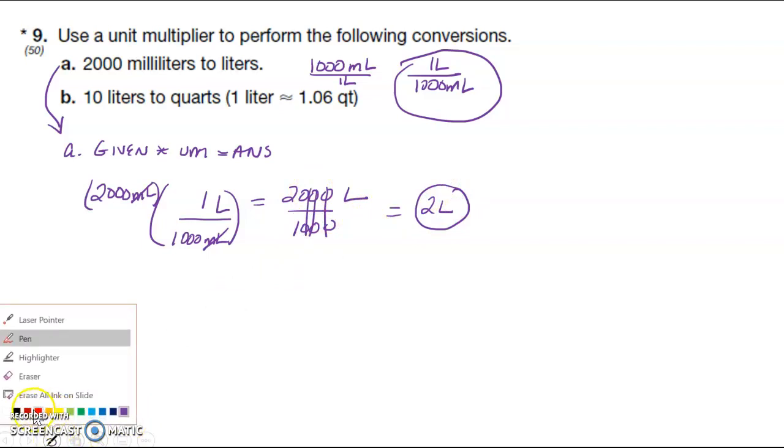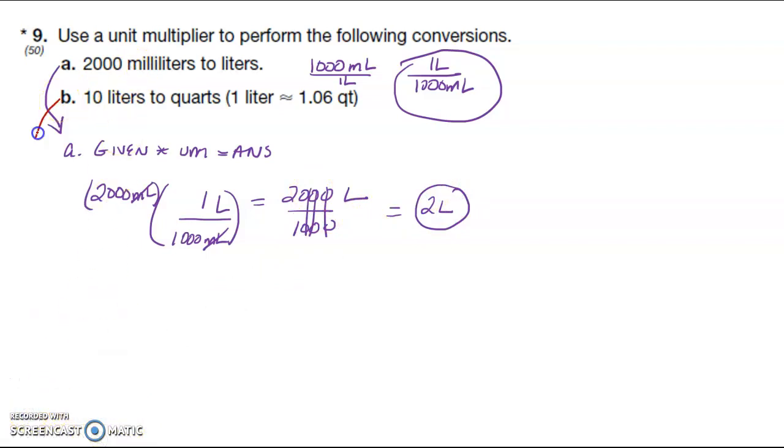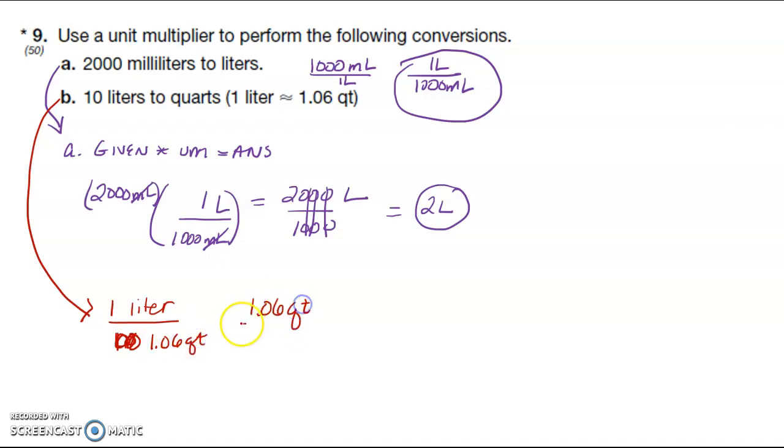Okay, let me change my colors. And we'll go down here. So here I have 1 liter is about equal to 1.06 quarts. You can also write that as 1.06 quarts is equal to 1 liter. Let's use our given times our unit multiplier is equal to our answer.